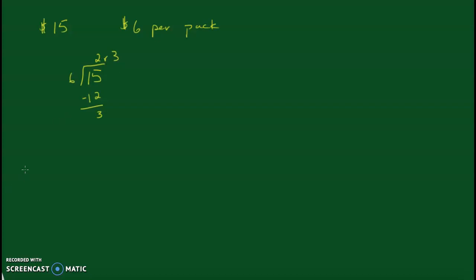Now, the question was, how many packs can Dean buy? So the first thing we're going to look at is our quotient right here. And we know for a fact that Dean can buy 2 packs. Then our remainder, we have to think about what our remainder represents. And in this case, the remainder represents money left over.